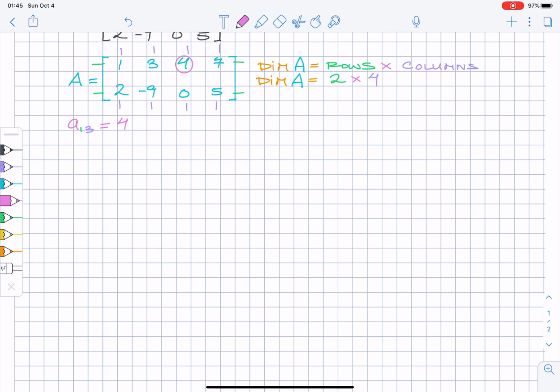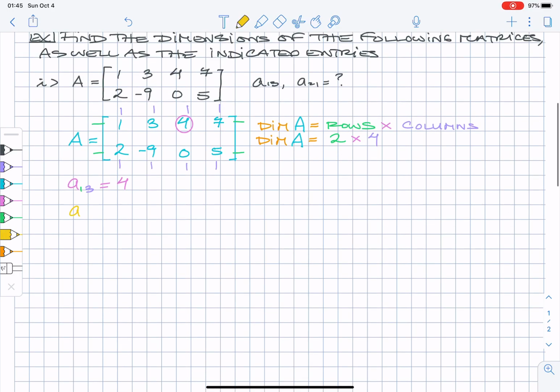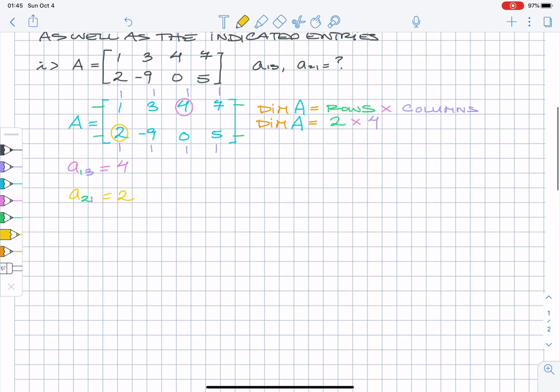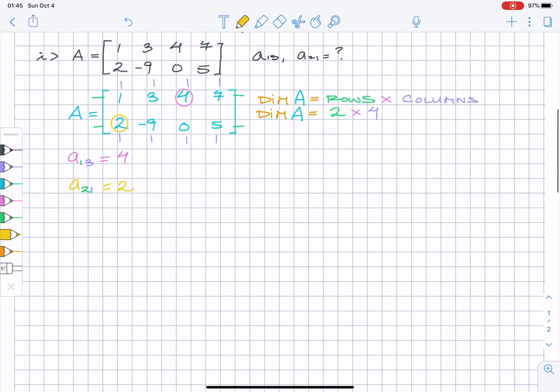Now A sub 2, 1 is the entry that's in the second row and first column. So that's 2. Okay, so that's how we indicate the entry, row column in the subscript. Row first, column second.